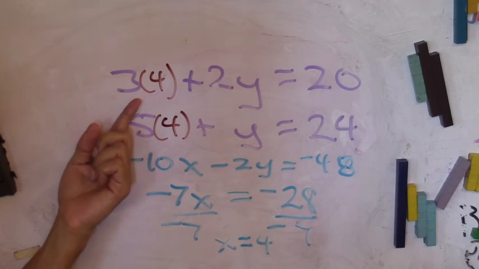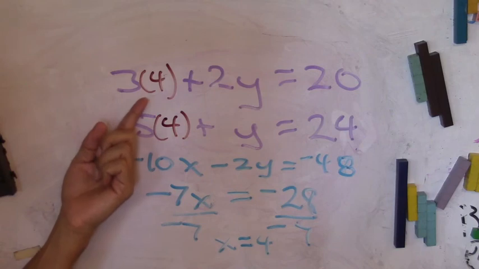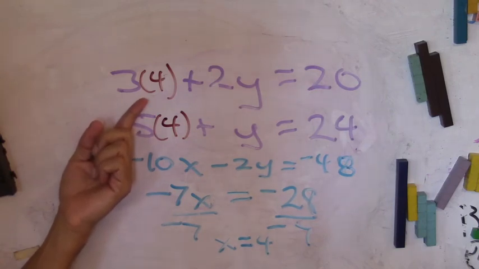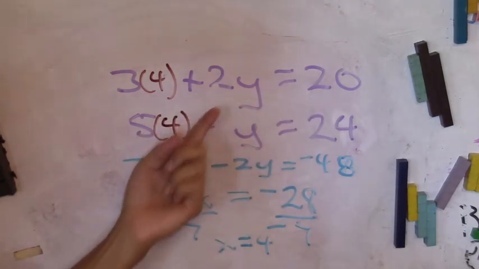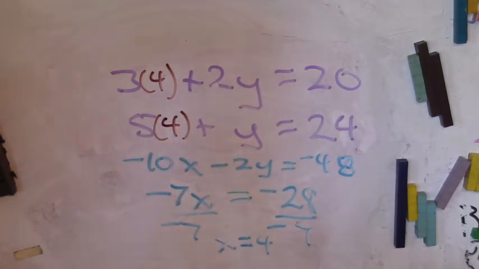I mean, sorry. 12. All right, there you go. That was a crazy answer that came out of left field. All right, so 12 plus 2y is 20. What's y gotta be? 4. Must be, right? Yeah. Is that right? Yeah, it's right.